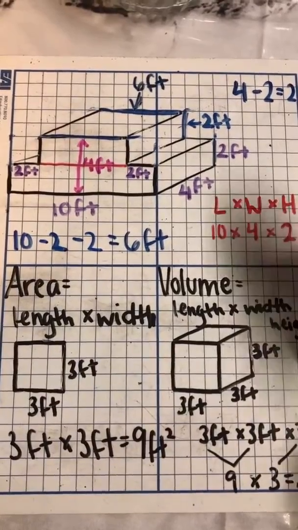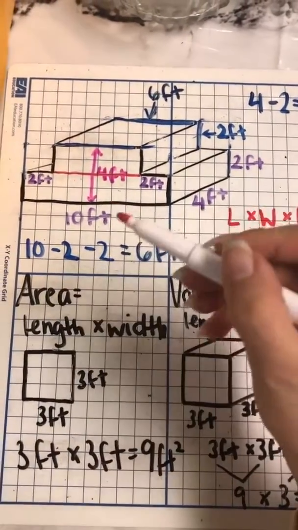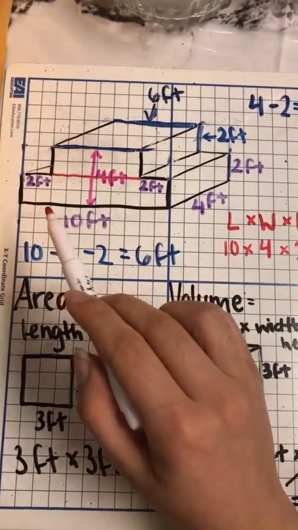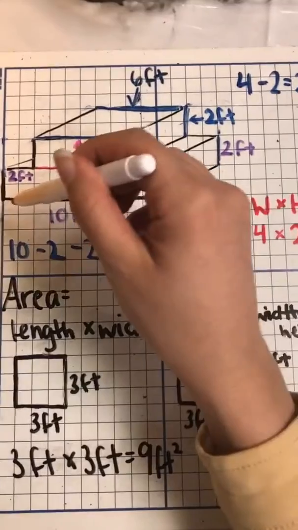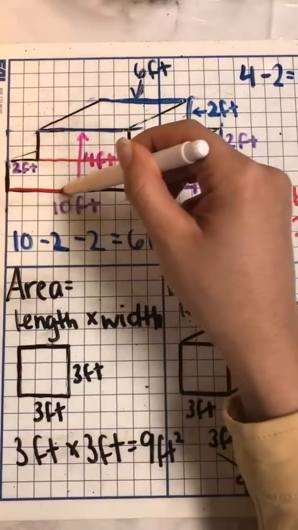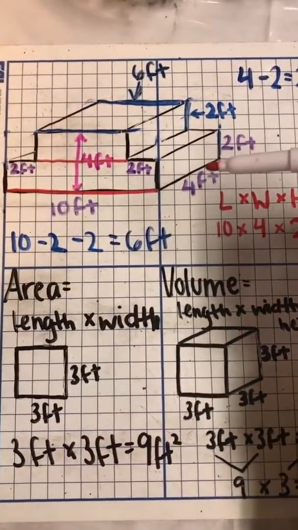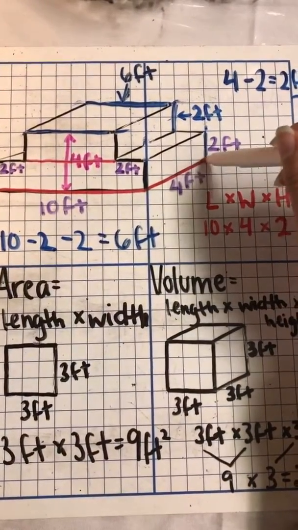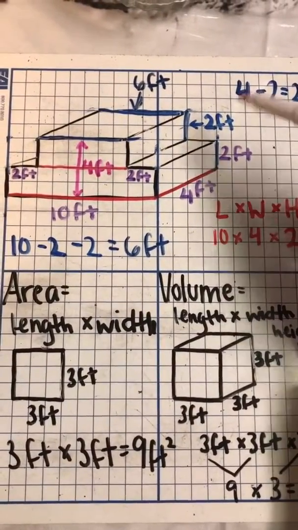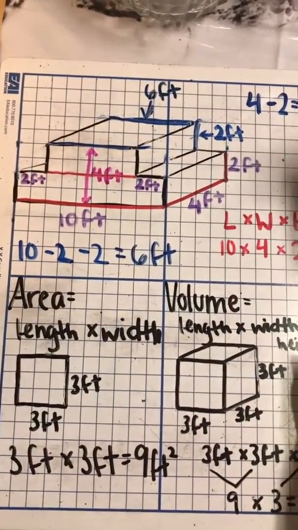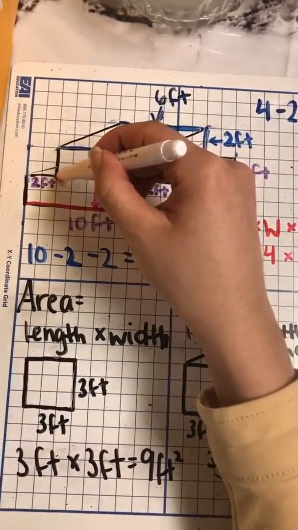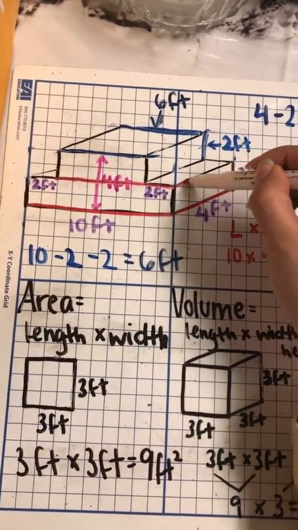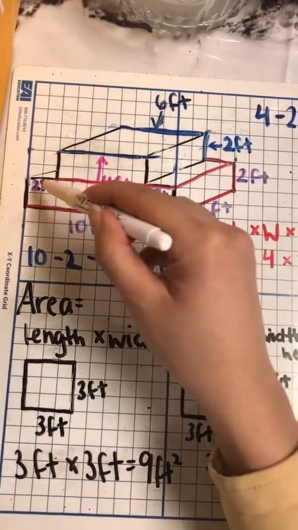So I can solve, and then I will add the volume of each part of the shape together at the end. So let's review one more time. I got this 10 because it is the length of this part of the figure. I got the 4 because it is the width of the figure. And I got the 2 because it is the height of this figure. Remember, I cut it off right here. I'm only working with this part of the shape.